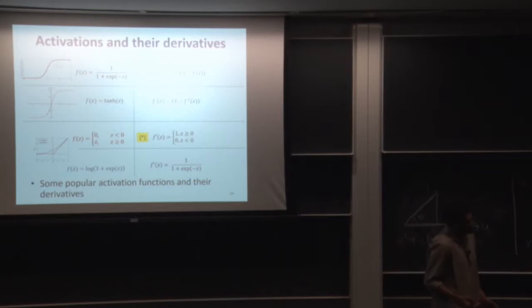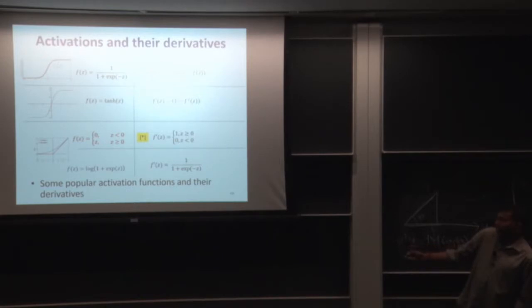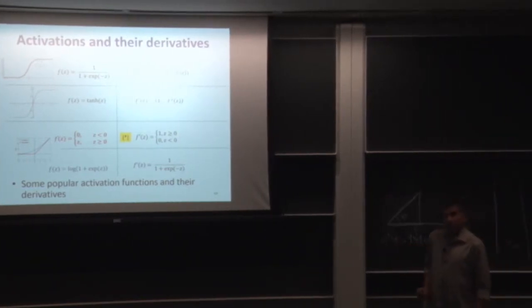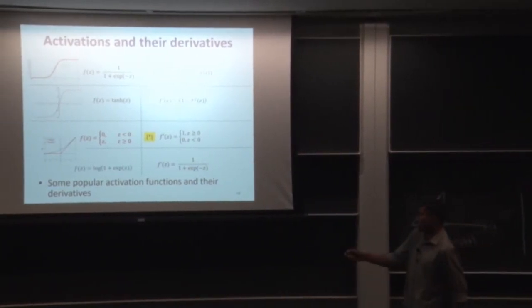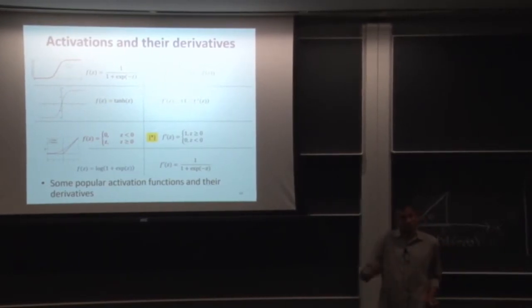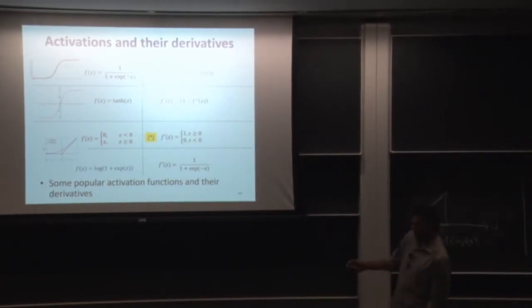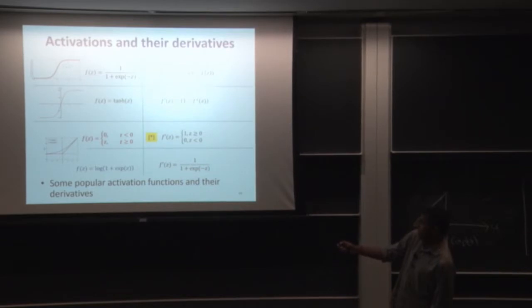There are other reasons to be using the tanh activation. We will actually see some cases of neural networks where this is way more appropriate than the sigmoid, for reasons besides just the minus 1, 1 shift. And the derivative of the tanh is 1 minus f squared of z.